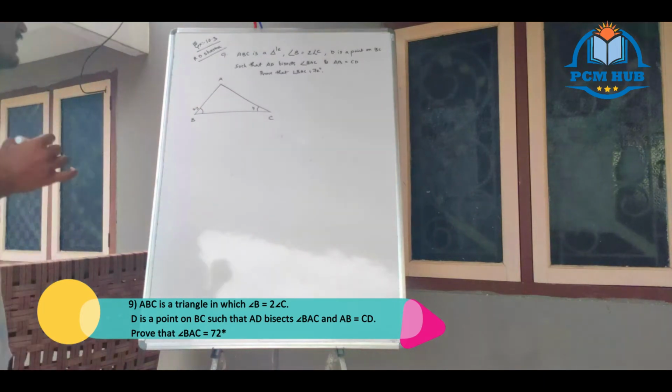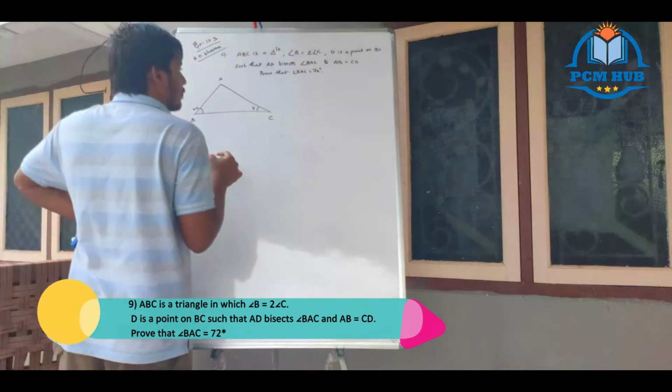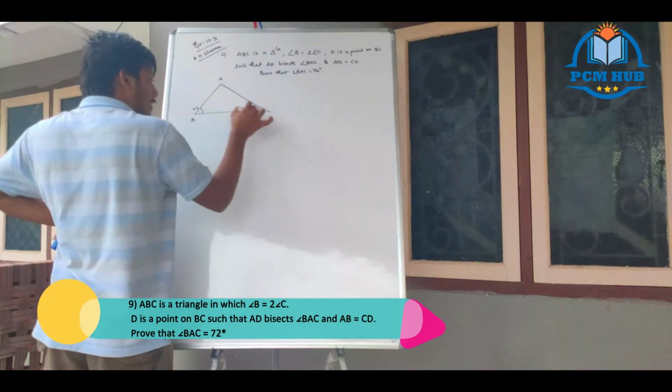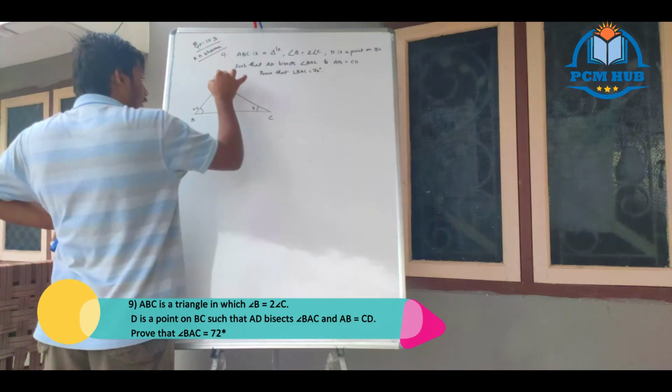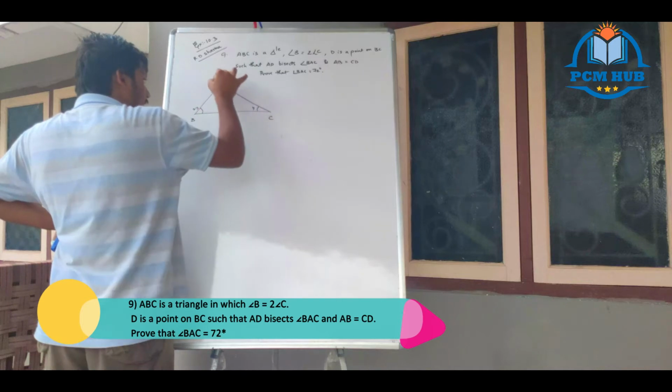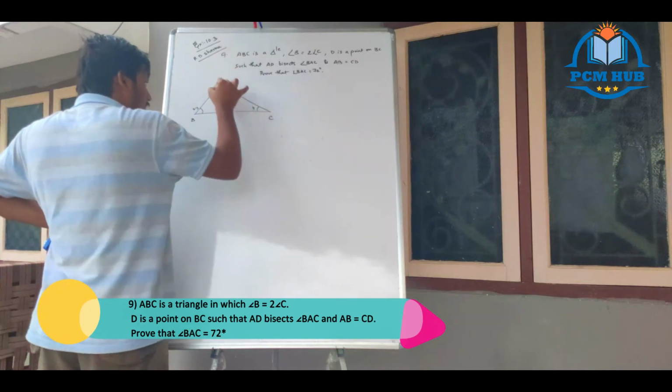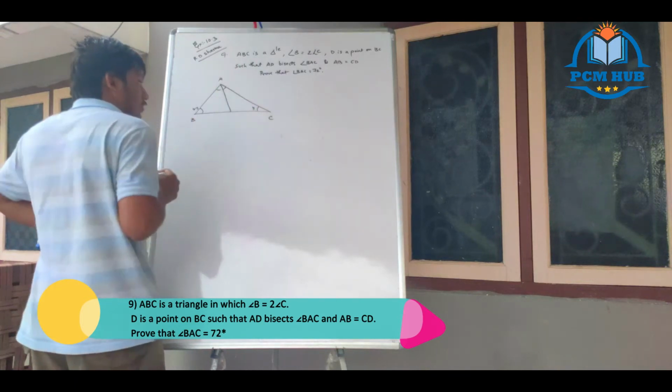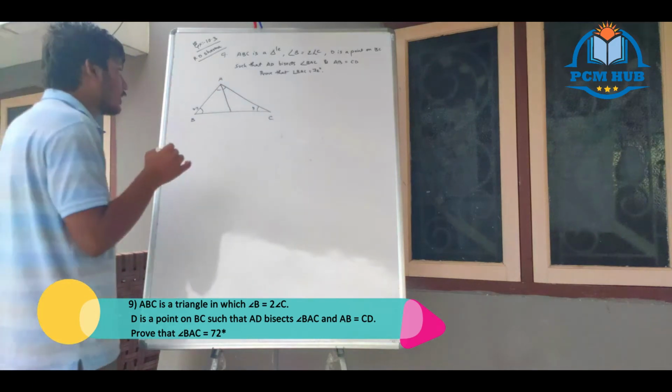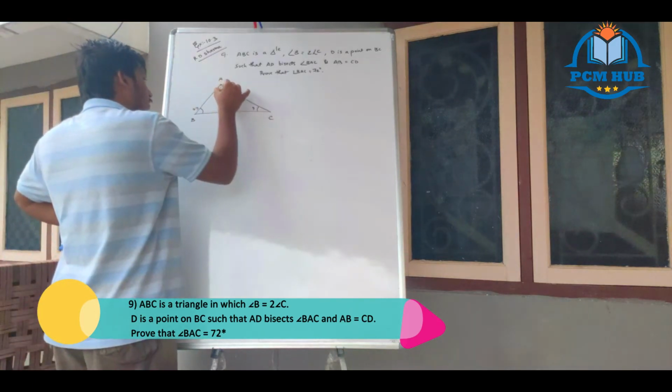Such that AD bisects angle BAC. There is a point D on BC, such that it is bisecting angle BAC. Let us take this as x.